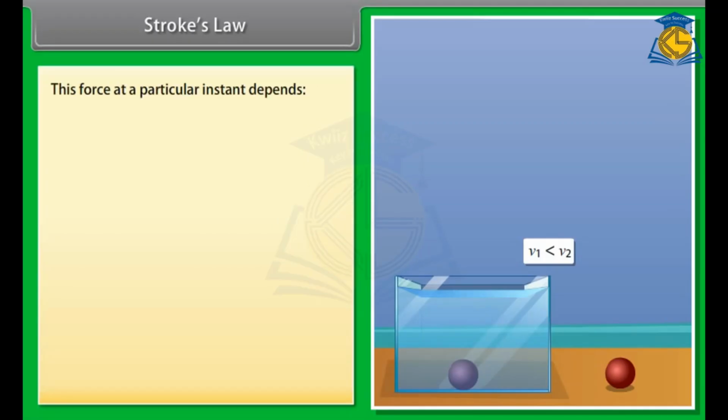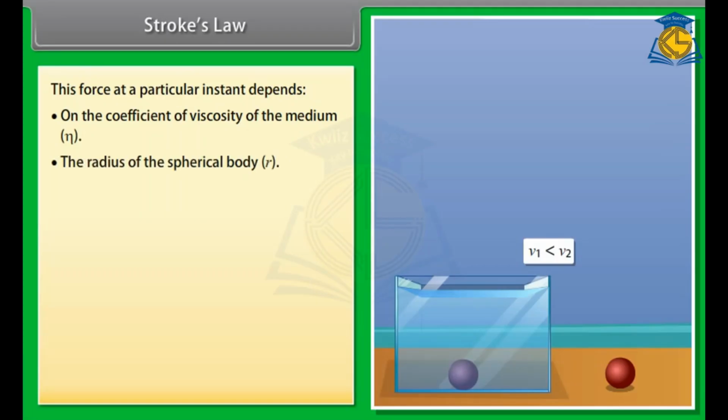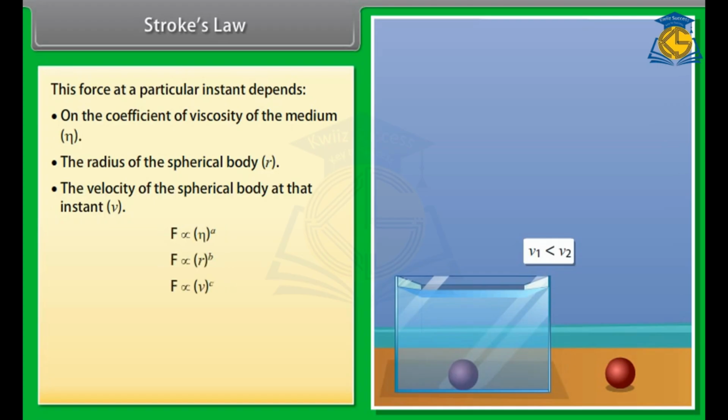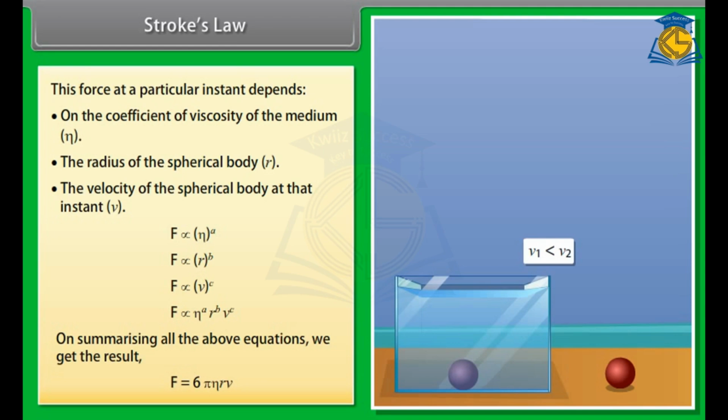This force at a particular instant depends on the coefficient of viscosity of the medium, the radius of the spherical body, and the velocity of the spherical body at that instant. Force is directly proportional to eta, radius and velocity. On summarizing all the above, we get the result F = 6π η r v.